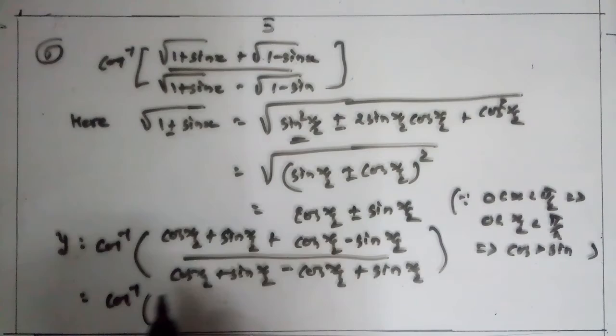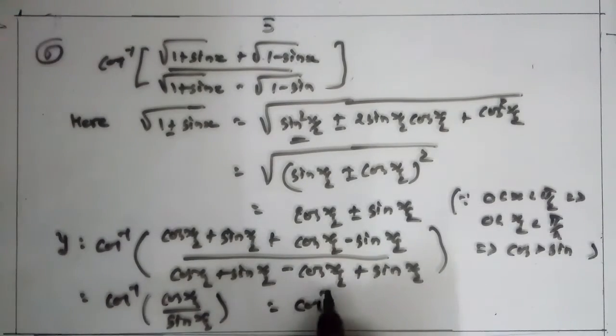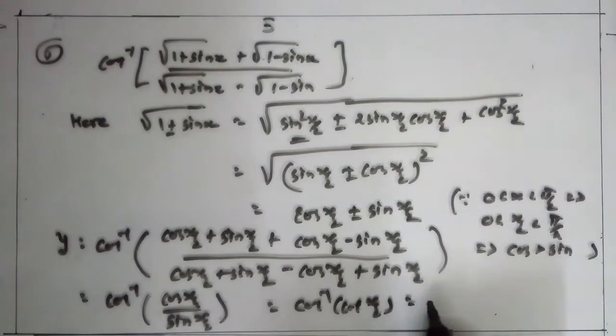So we get cos x/2 upon sin x/2, which is cot x/2. So y is equal to cot inverse of cot x/2.